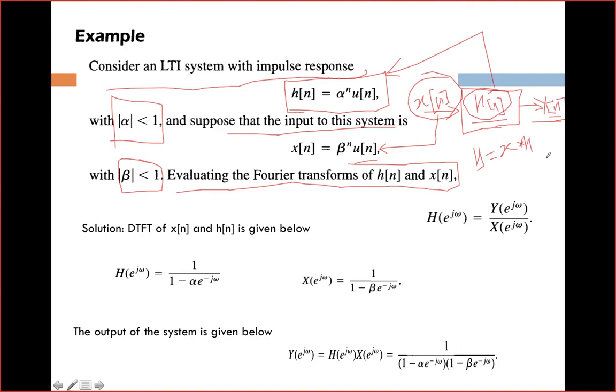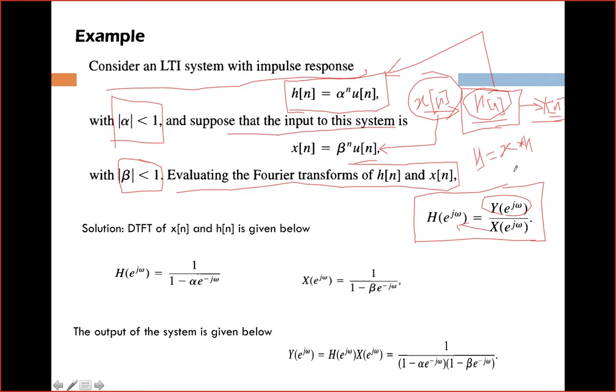This is the procedure. Hence, I am going to give you the transfer function H of e power j omega, which is the ratio of the DTFT of y of n and the DTFT of x of n. So Y of e power j omega is the multiplication of H and X in the transform domain.